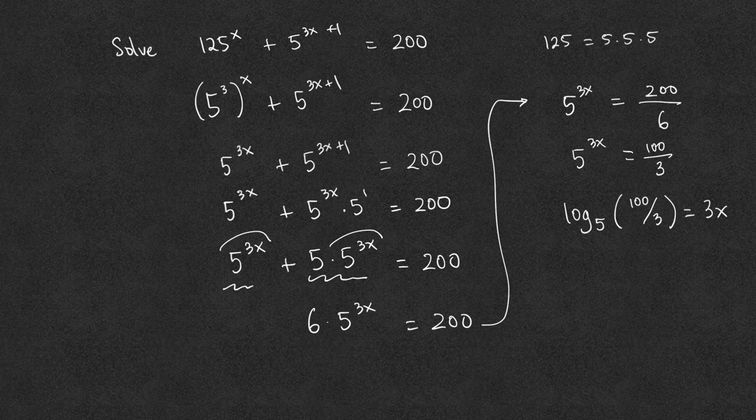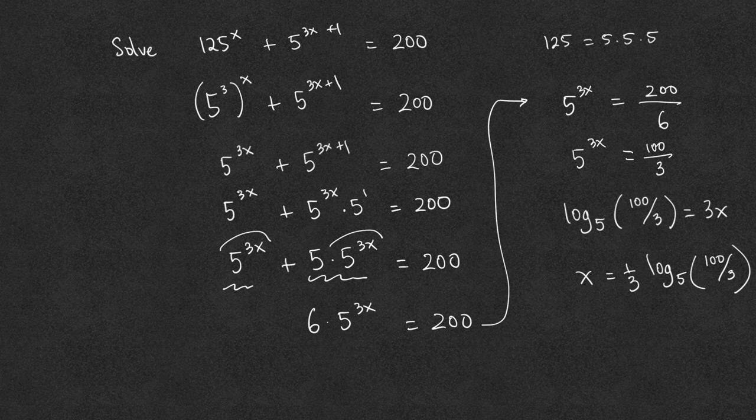Log is the exponent. The goal is to isolate x, but we have 3x, and so x is 1/3 of log base 5 of 100 over 3. The graphing calculator can evaluate this for us even with base 5.